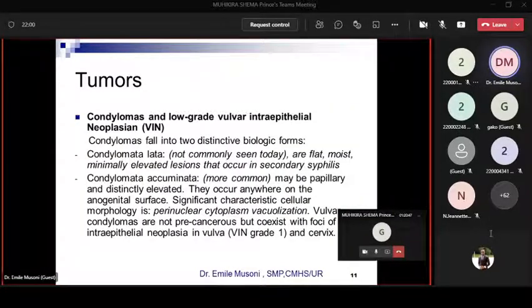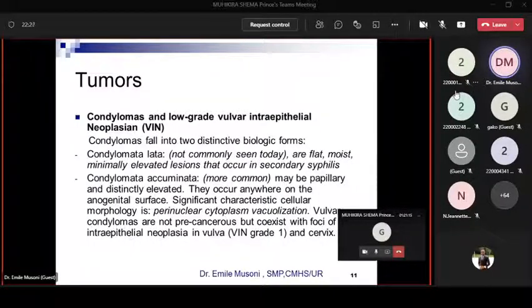Some tumors. The most common tumor of the vulva is called condyloma. Those condylomas are caused by human papillomavirus, known as HPV. And there are high risk HPV and low risk HPV. Among condylomas, the most common is condyloma acuminatum.